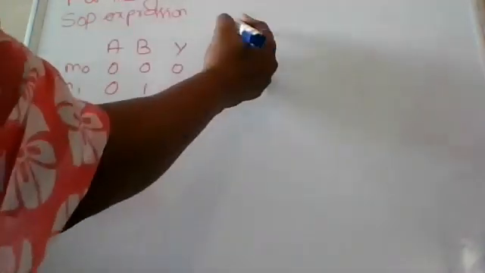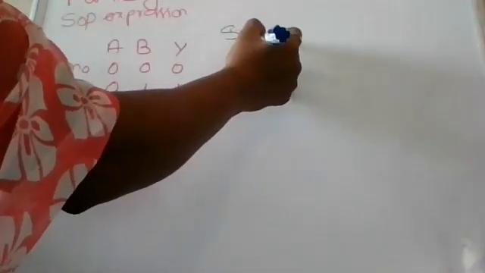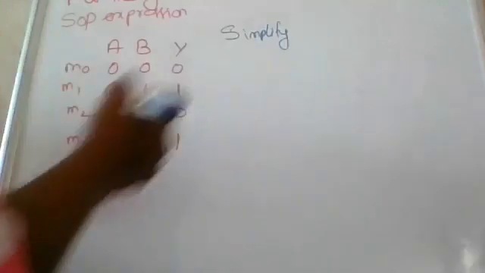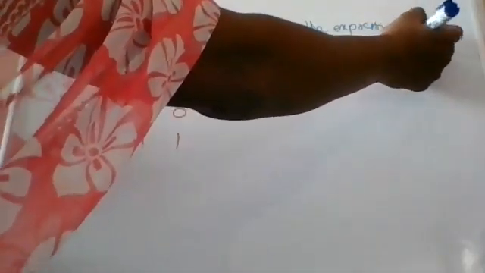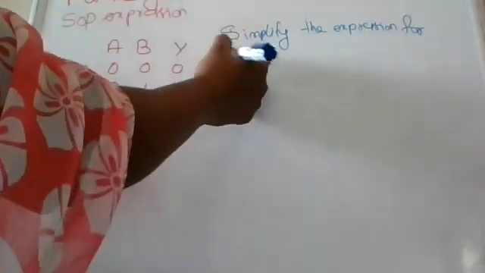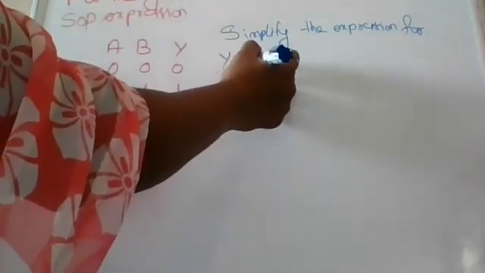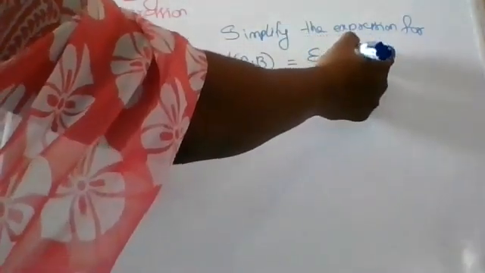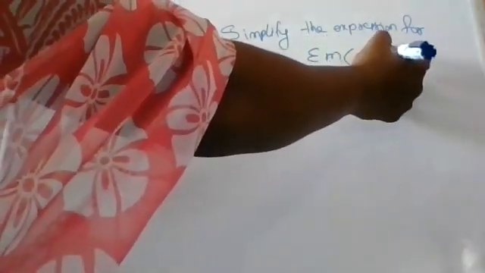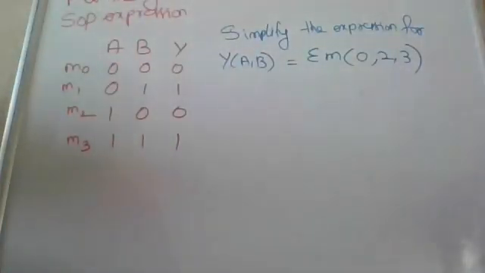Sometimes it is given, simplify the expression for Y of A comma B equal to summation m of 0 to 3.